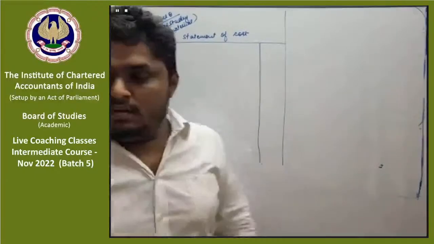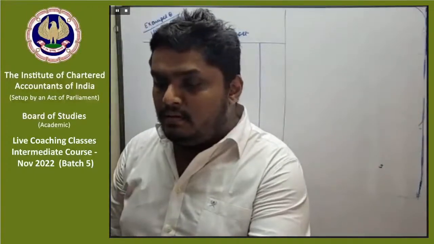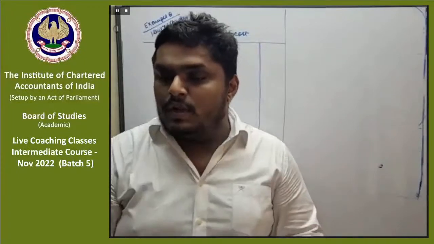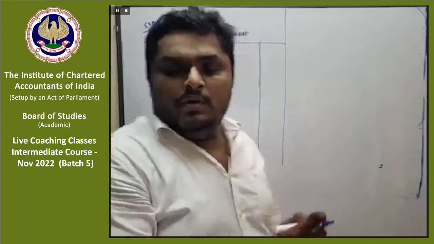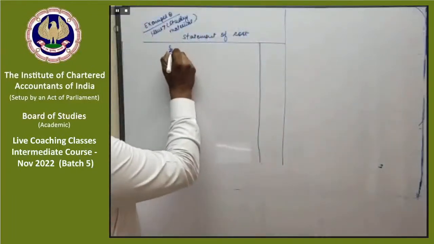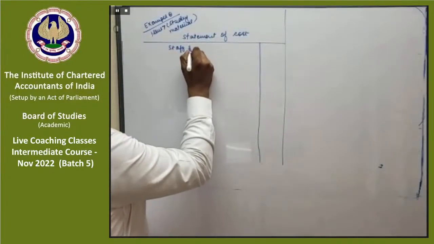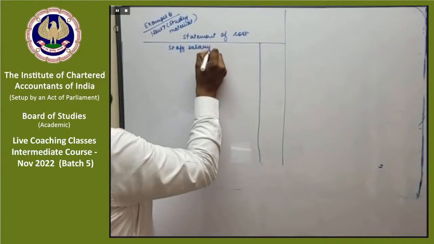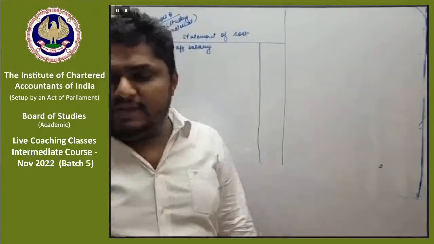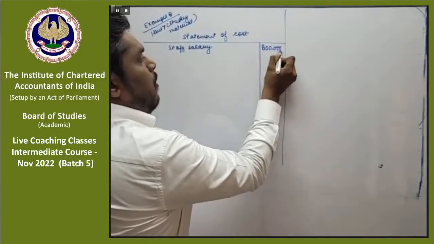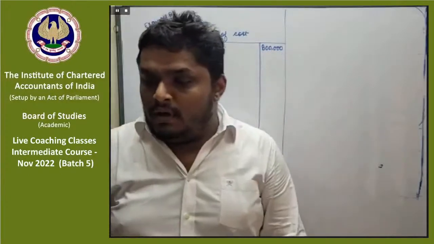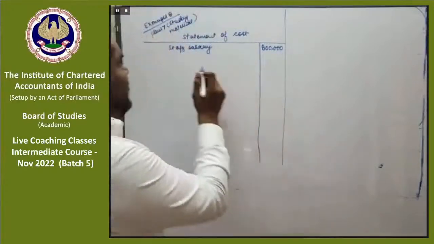So let's start. Now we'll record all the expenses that are given straight away. So let's start with staff salary. It is given straight away, that is 8 lakh rupees. Repairs is given, that is 3 lakh rupees.